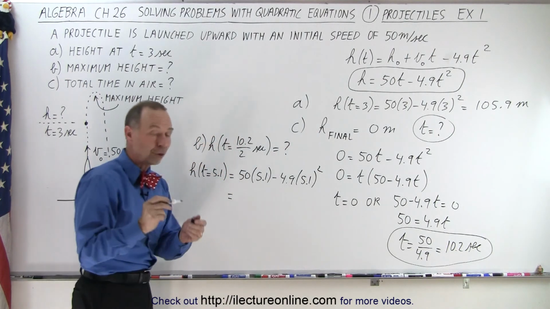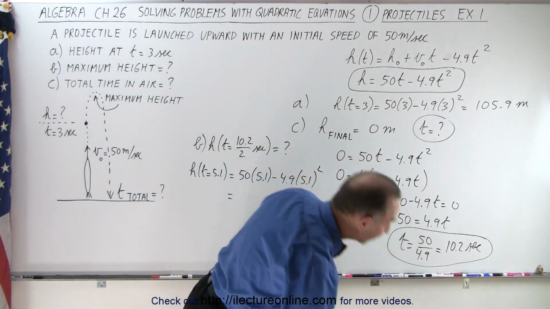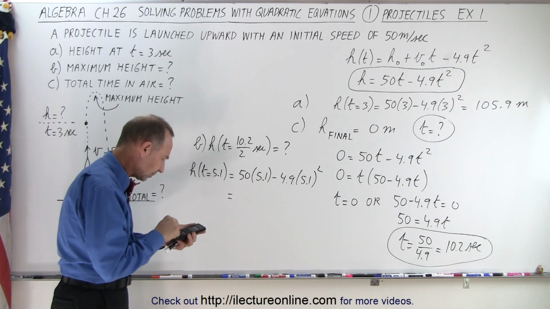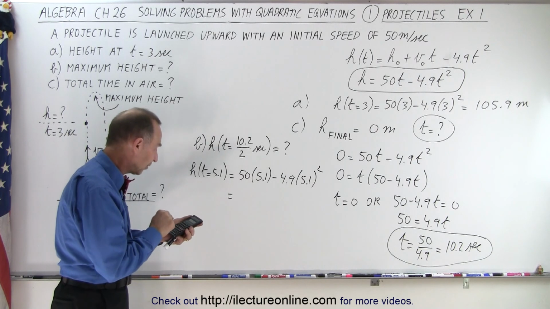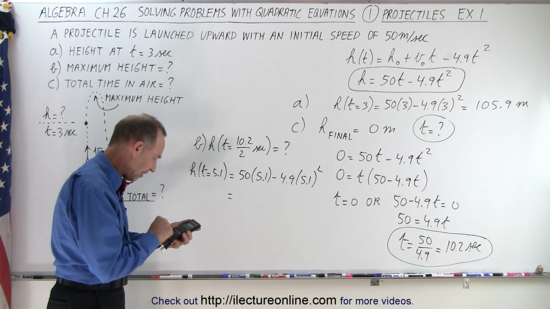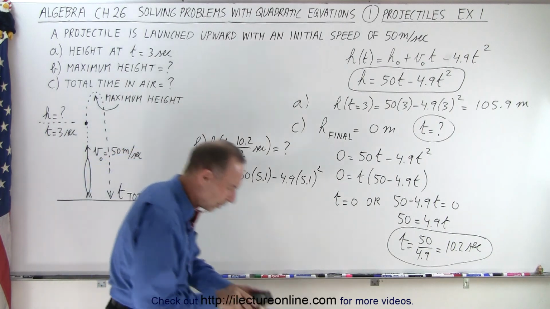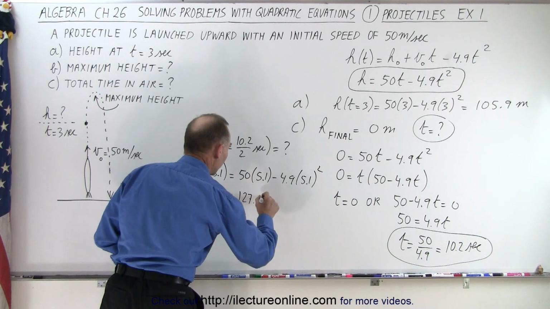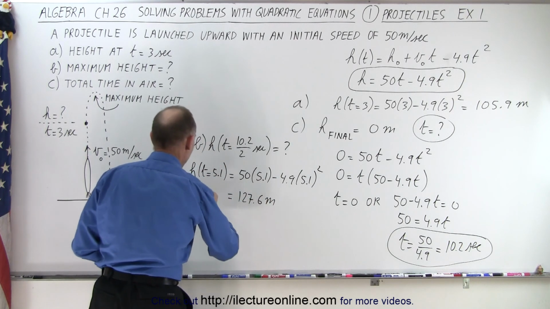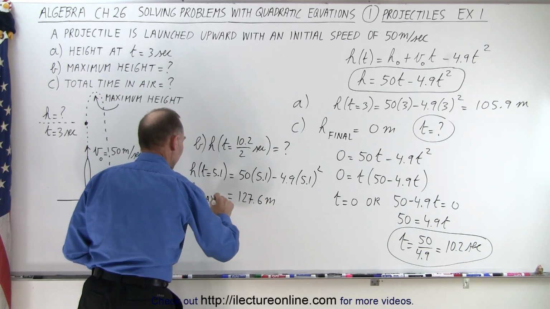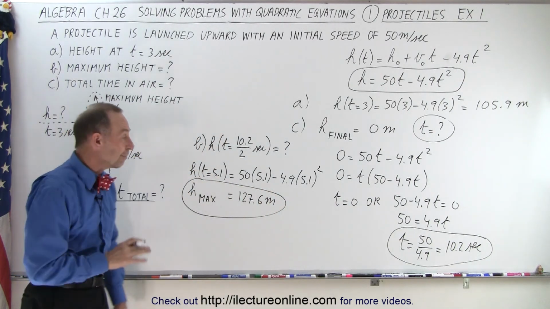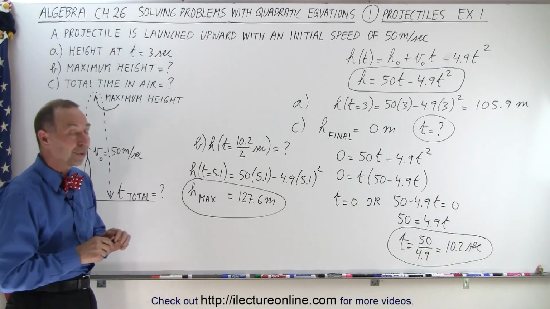And that will give us the maximum height of the projectile. 5.1 squared times 4.9, that's negative, plus 50 times 5.1 equals, and there we go, 127.6 meters. 127.6 meters is the maximum height, H max. After a time of 5.1 seconds, the projectile reaches a maximum height of 127.6 meters.